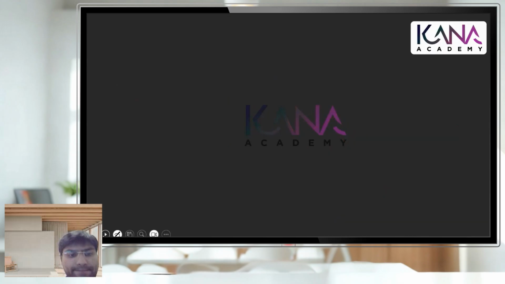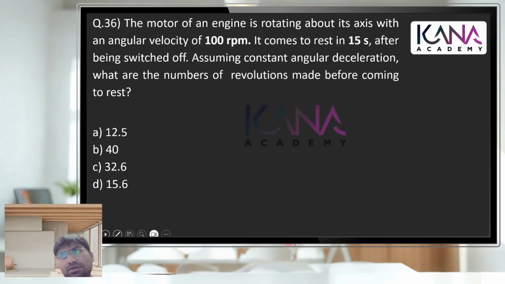Next question. There is a motor engine of 100 RPM. It stops in 15 seconds with constant deceleration. You need to find the revolutions before it stops.